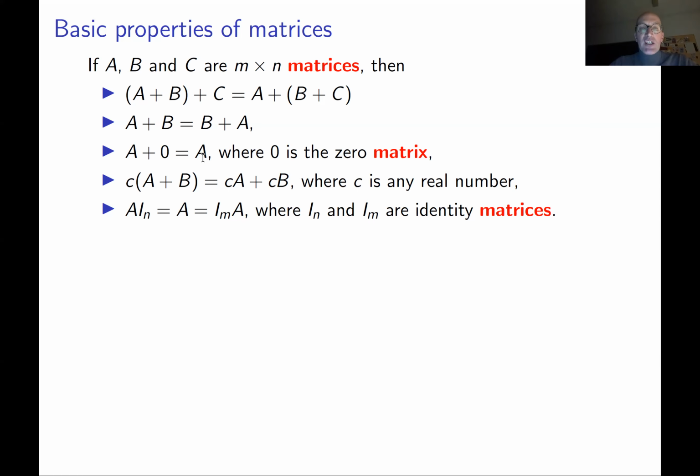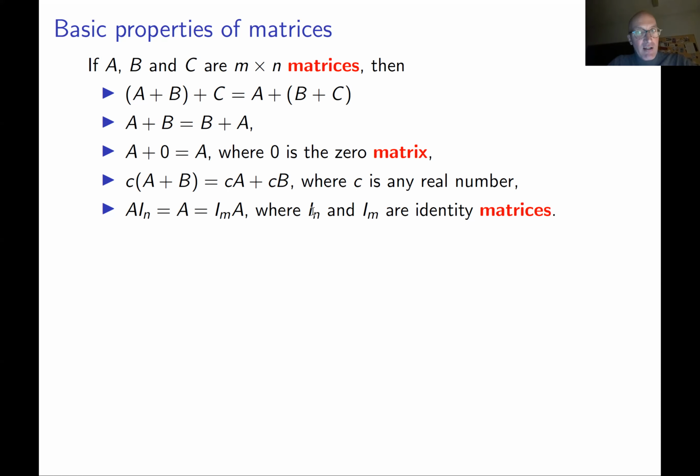Okay, the last property here is already a little bit new because we use multiplication of matrices. What does it tell you? It tells you that if you have an m times n matrix A, and you have the n times n square identity matrix, you can multiply A and I in this order: A on the left, I_n on the right.